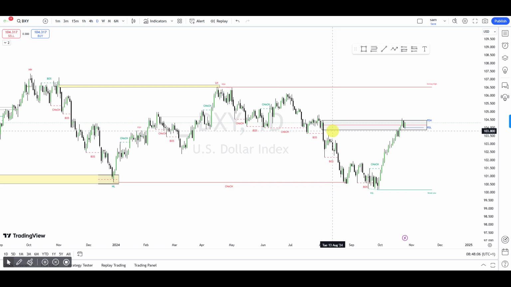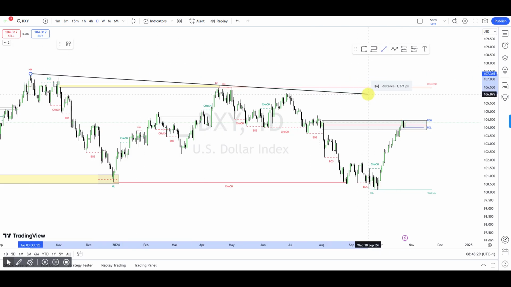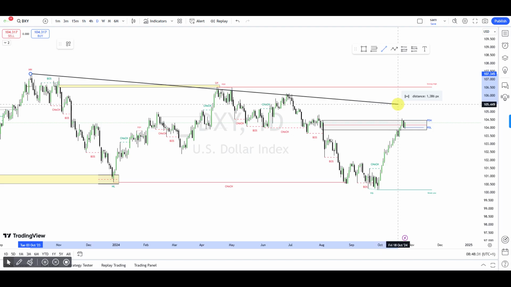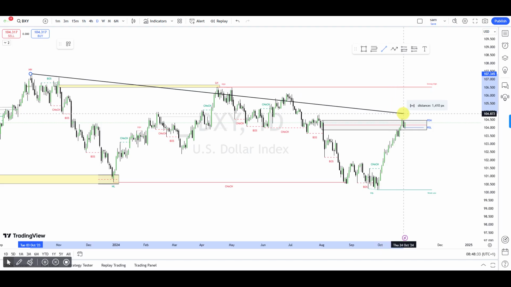Now, what makes it different between my approach and the conventional price action traders is that they draw a trend line here, expecting the market to bounce back to it and continue, right? In my case, it is different.